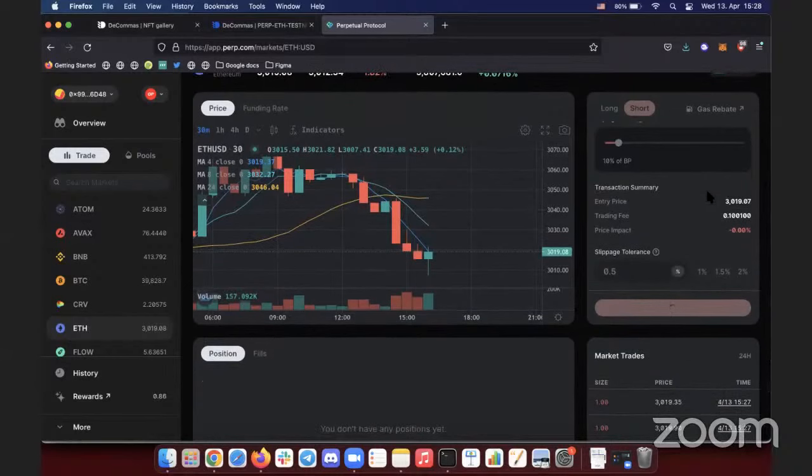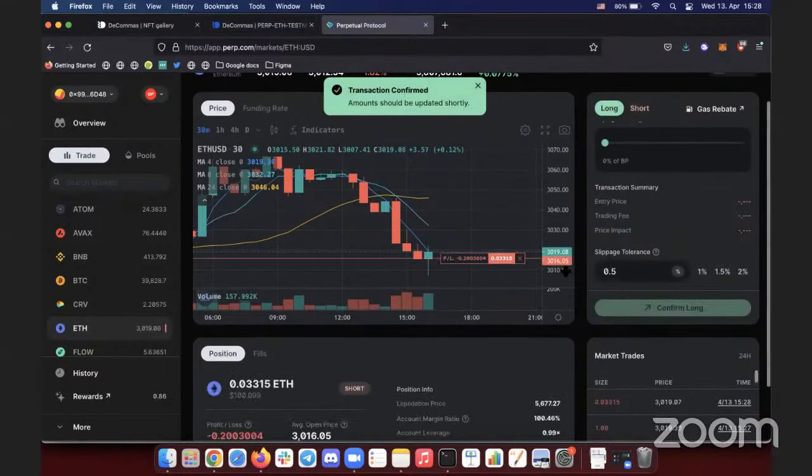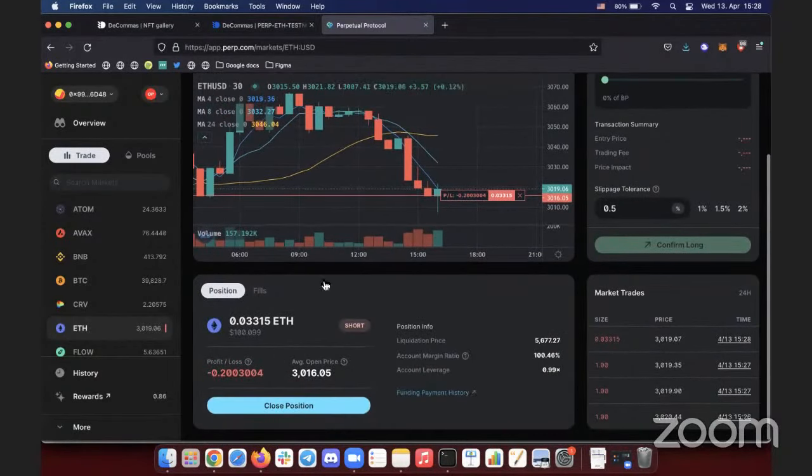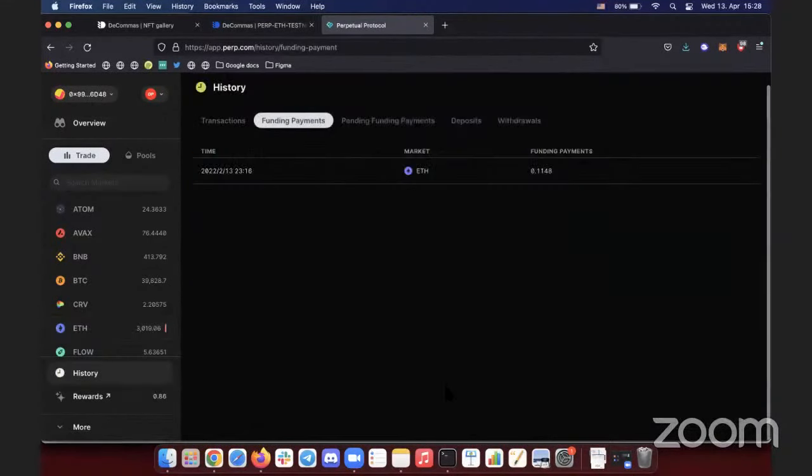And then in the history, when your position is open, you have it here. Position is open. You have the funding payment history. I already had some funding payments on that account. Sorry for not having my other accounts on Perp V1, where I had a few hundred funding rate payments, because I'm on a business trip. But I would love to show that. There were a lot of funding rate payments during my positions being open.